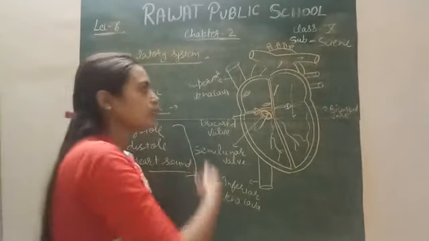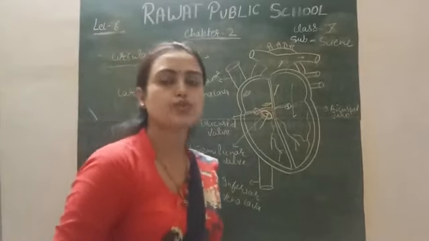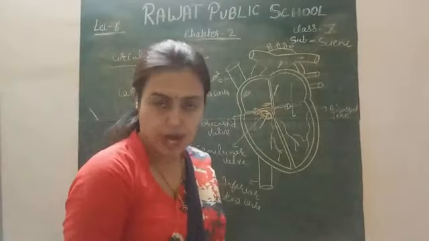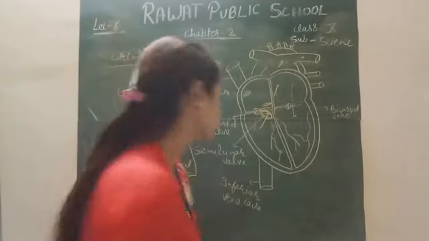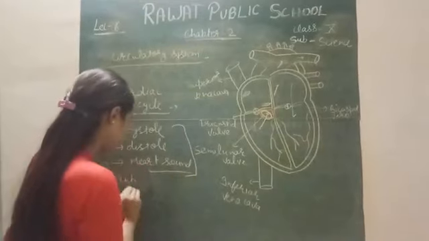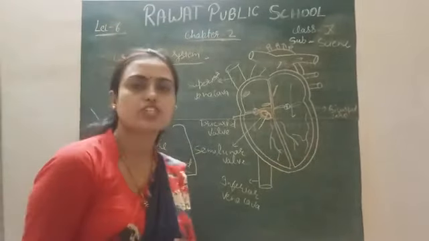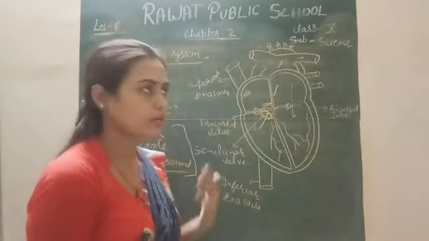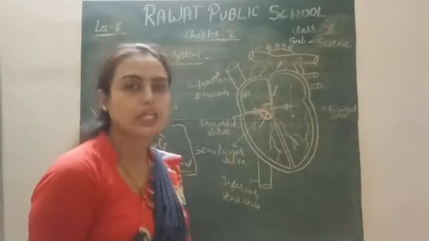When the deoxygenated blood has gone completely into the lungs for purification, the valve closes, and when this valve is closed, the second heart sound is produced, called the dub. So these are the two heart sounds, lub and dub, which occur during the transportation of deoxygenated blood from the semilunar valve with the help of the pulmonary artery.